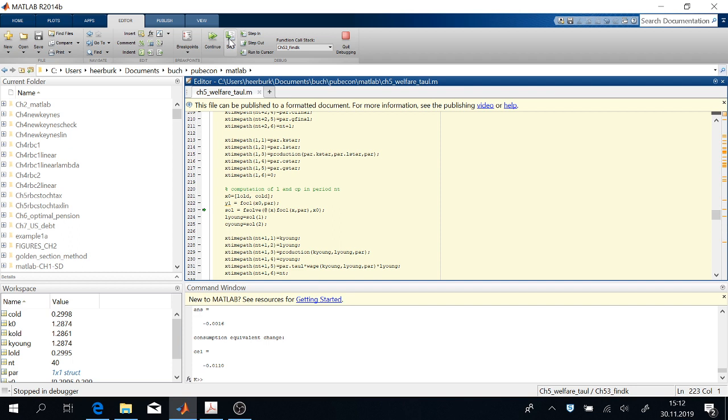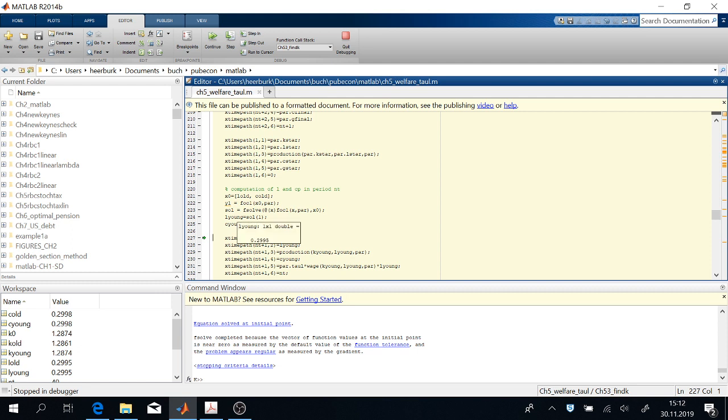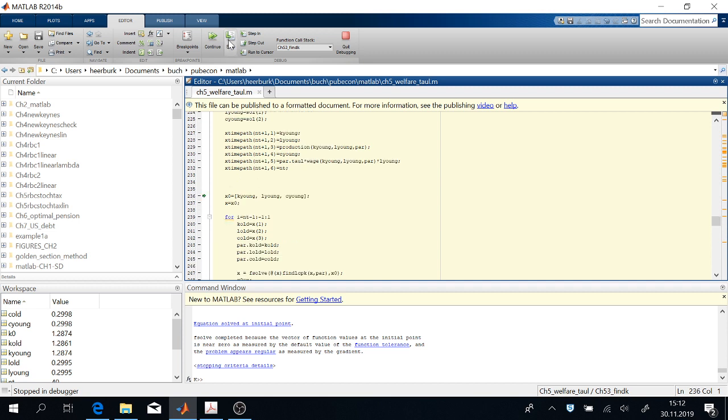And this provides us with labor 40 equal to 0.2995, so in period 40 this is our labor supply, and consumption 0.2998, and these values up to 4 digits are the same as the new steady state values. And we store the values of the endogenous variables in period 40 in X time path.